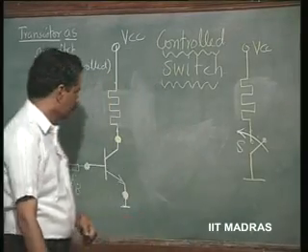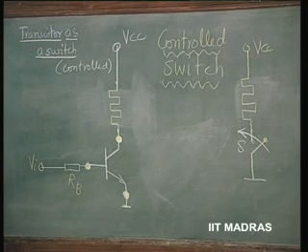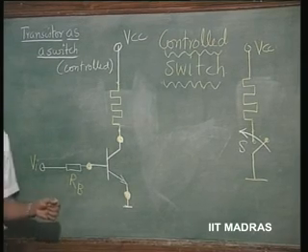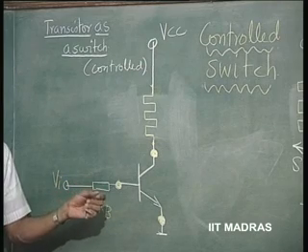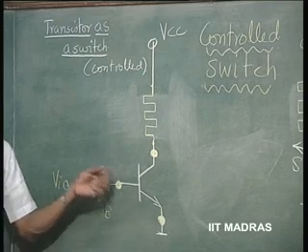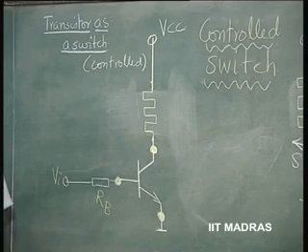Let us see how. We have just now discussed that a transistor can be brought into active region. From active region, it can be brought into saturation. What is saturation? We will see this.